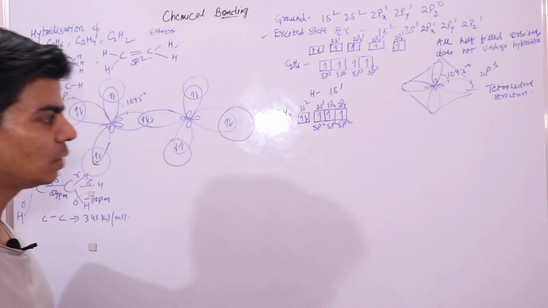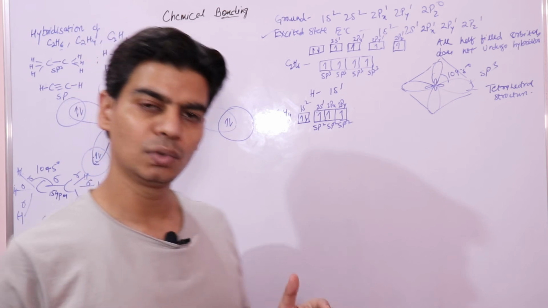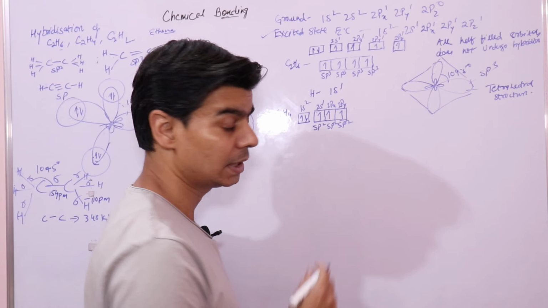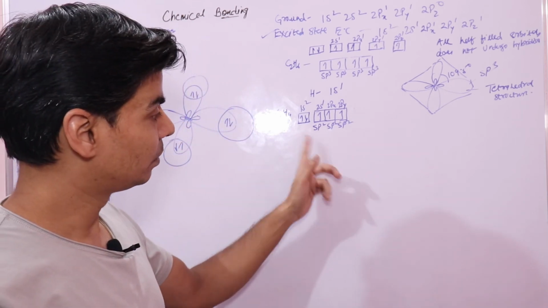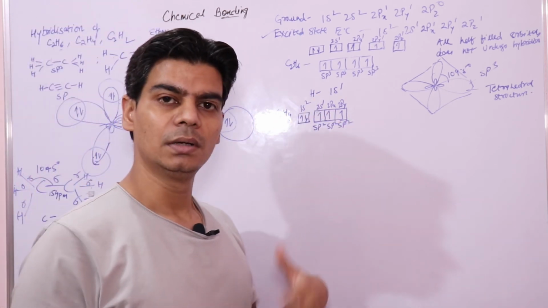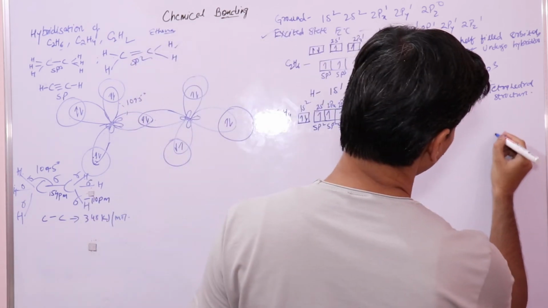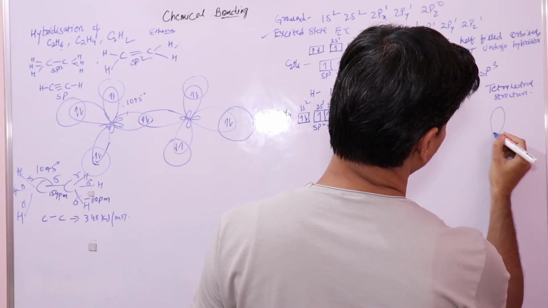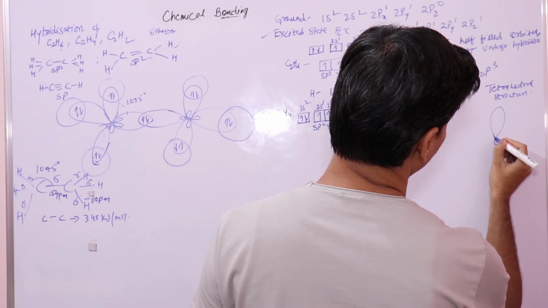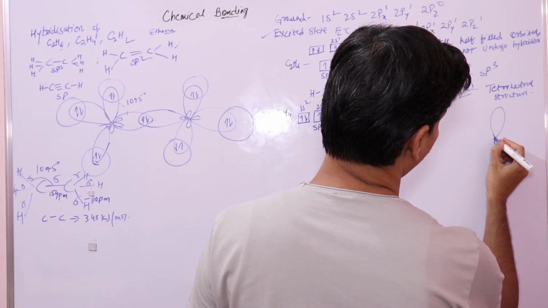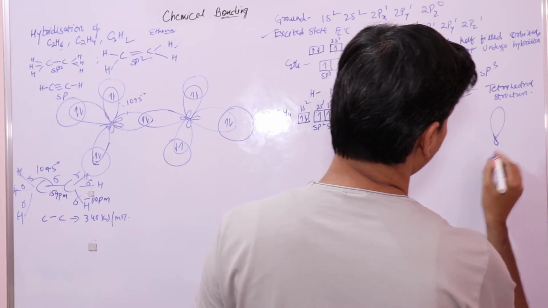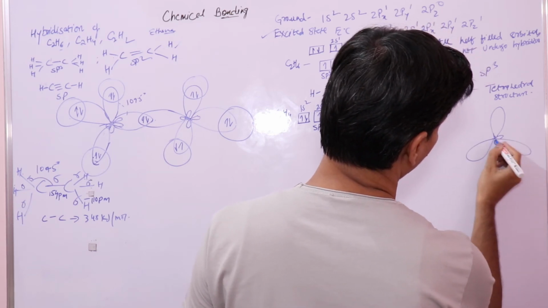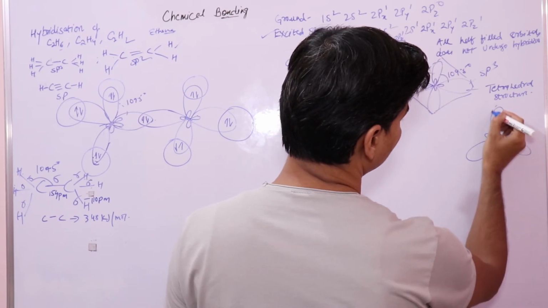And we know that sp2 hybrid orbitals are directed towards the corners of a triangle, right, equilateral triangle. So sp2 hybrid orbitals have triangular planar shape, right. It's like this, like this, right?